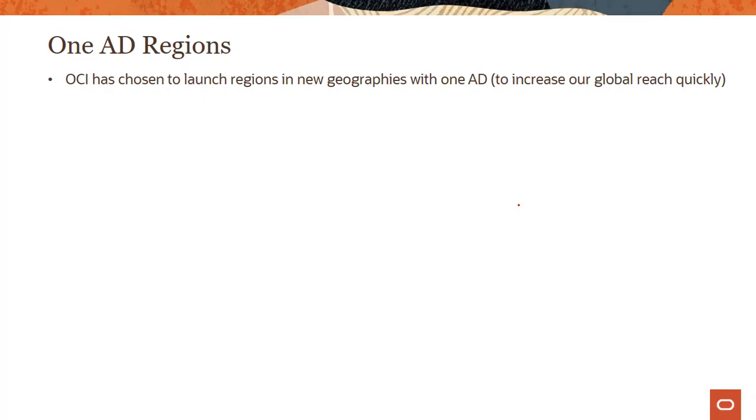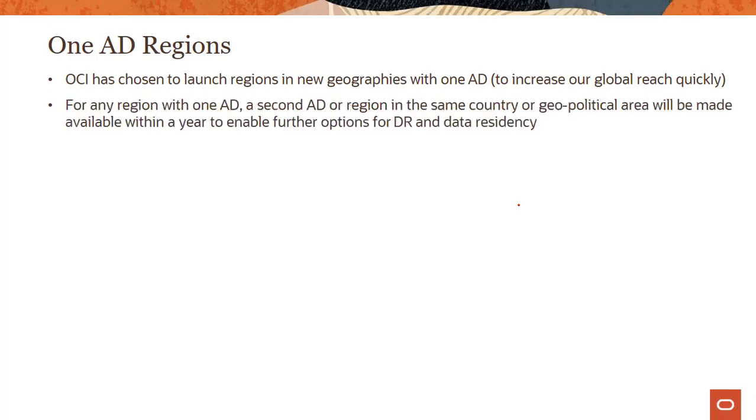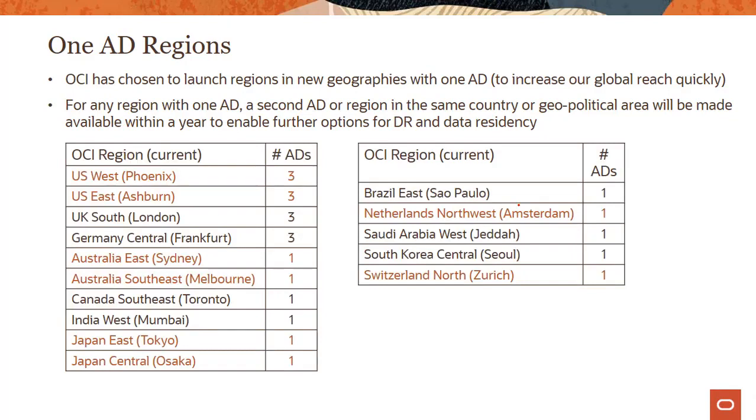Now, for any region which has only one AD, a second AD or region in the same country will be made available. We have committed to making it available within a year to give you options for disaster recovery and data residency. So for example, some of the regions we launched in the beginning have three ADs in the US, in Europe.